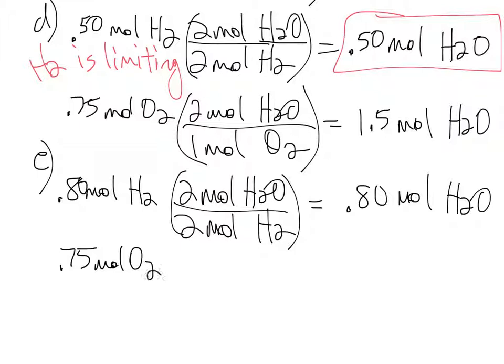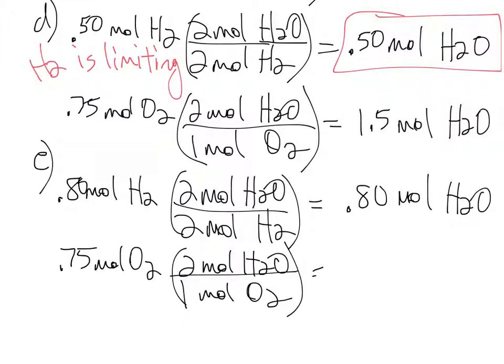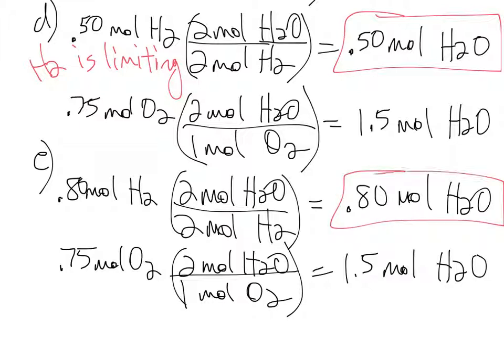This work is actually also shown in Part D. So comparing 0.8 moles of water to 1.5 moles of water, you have to pick the one that is lower. And so again, hydrogen is limiting.